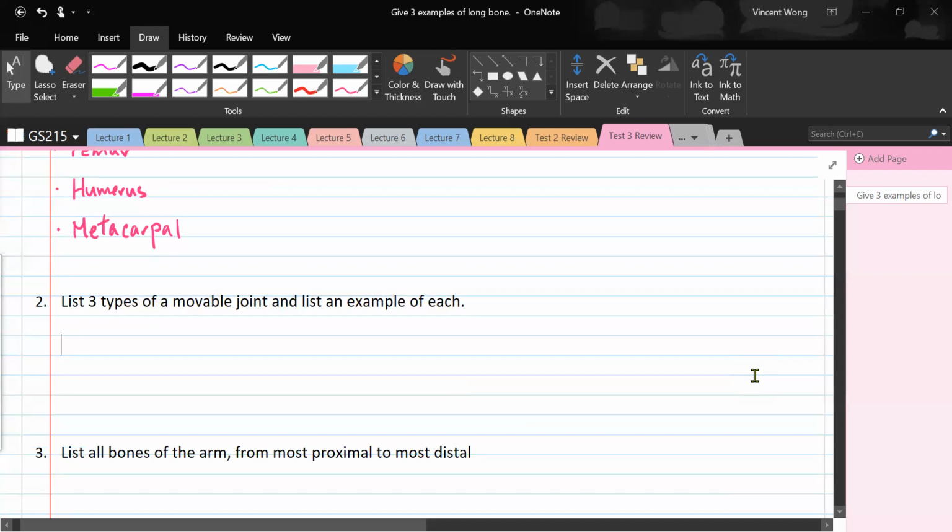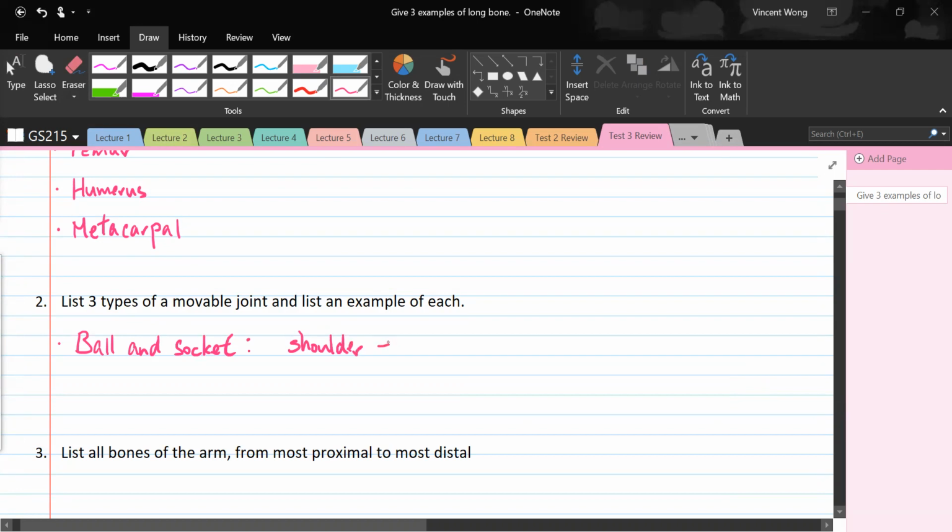Okay, next part. List 3 types of movable joint and list an example of each. We have 6 examples of movable joints. I'm just going to put 3 here: ball and socket, that would be like the shoulder.